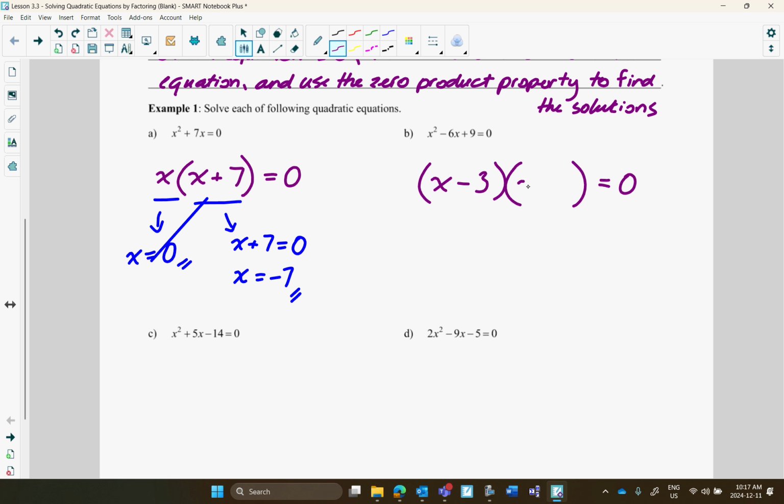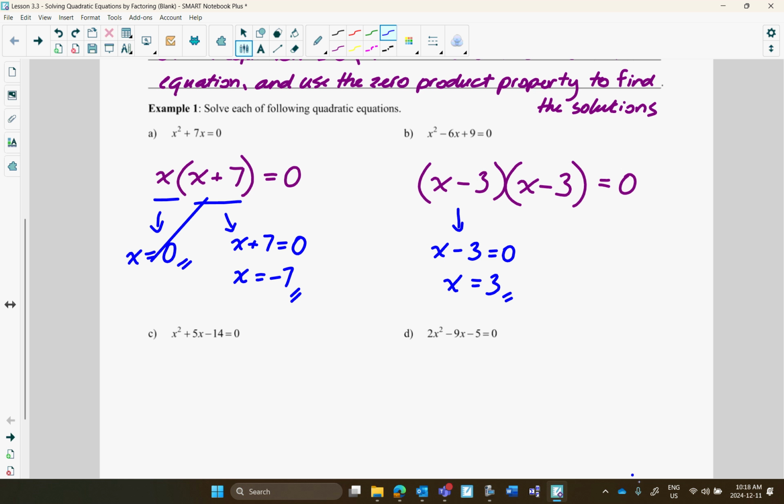X minus 3 and x minus 3. So in this case, there's actually one answer, right? Because these two factors are the same. So you just take one of them and you say, okay, what value of x makes x minus 3 equal to 0? 3. You don't necessarily have to write this. You can go straight to the answer.